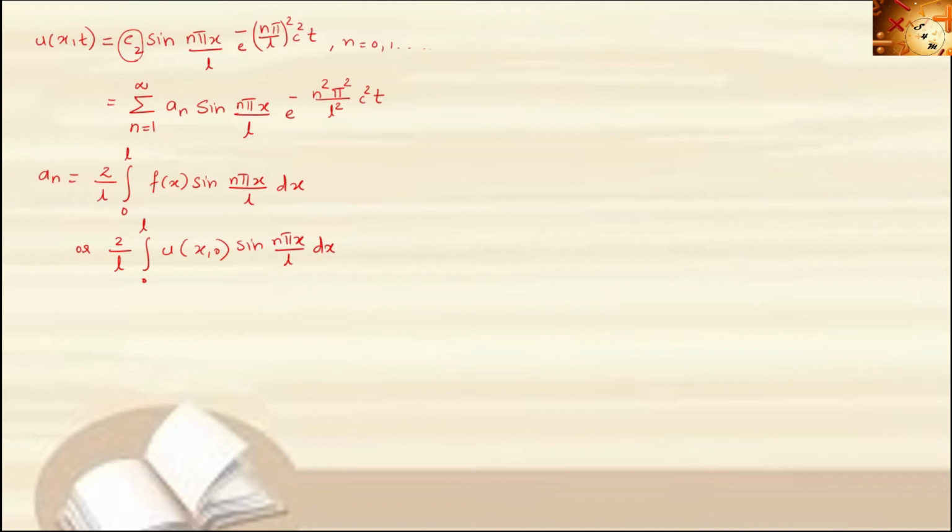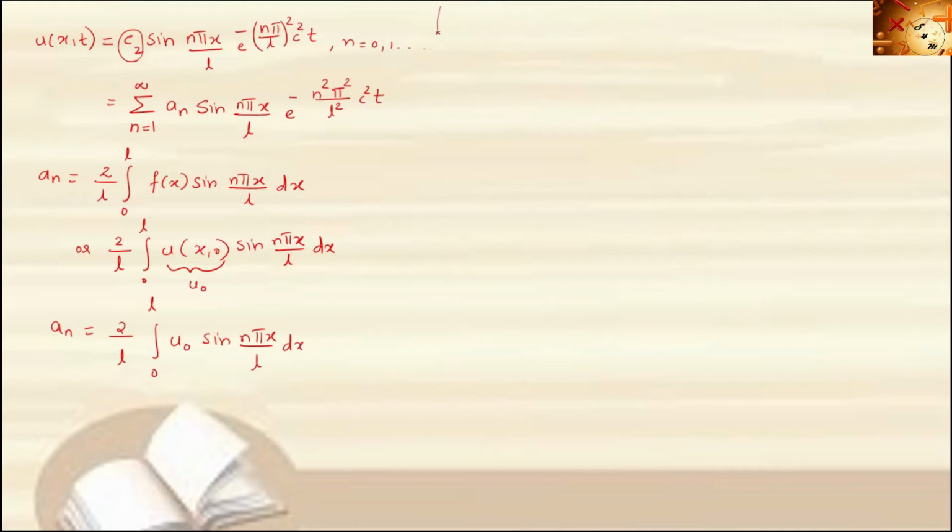Next we want to find the value of an. We have from the initial condition u(x,0) as u naught. So an is equal to 2 divided by L integral 0 to L u naught sin(n pi x divided by L) dx.